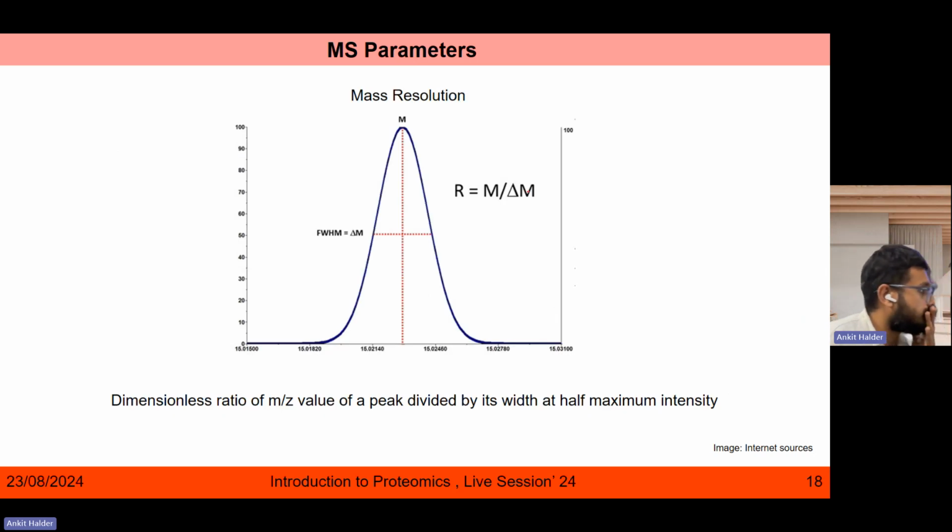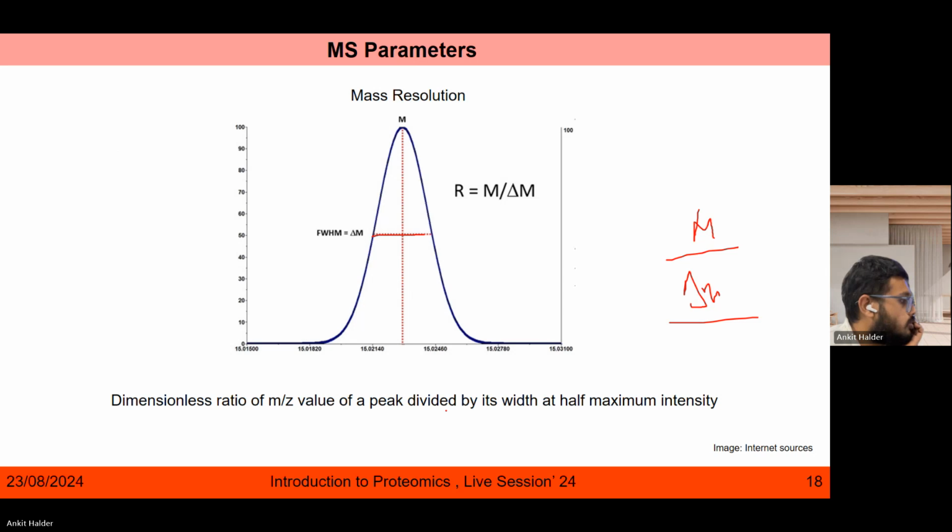So what is the definition? It is the mass divided by delta mass: the ratio of the m/z value of a peak divided by its width at half maximum intensity. So what is the range at full width at half maximum intensity?